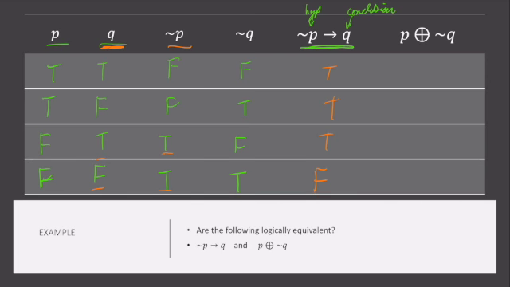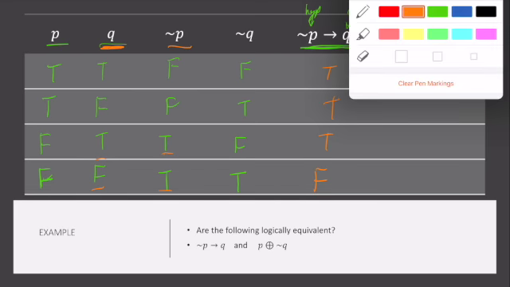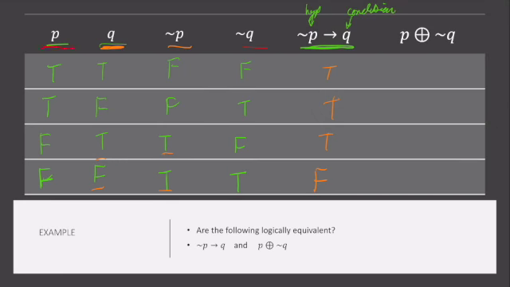All right, let's take a look at P exclusive or not Q. Remember, this is only true if P and not Q have different values. So here I have to look at these two columns over here. I have one or the other is true, but not both.